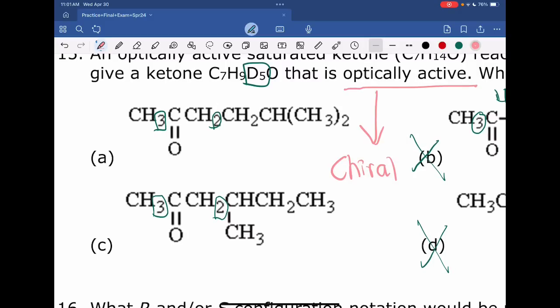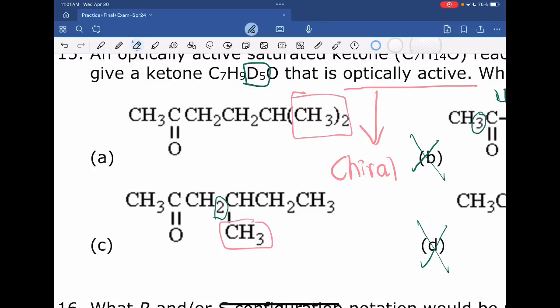Changing out the D's is not going to affect chirality. So let's not look at anything on this side for now. What is the difference between A and C? It is this methyl group. In A, the methyl group is here.